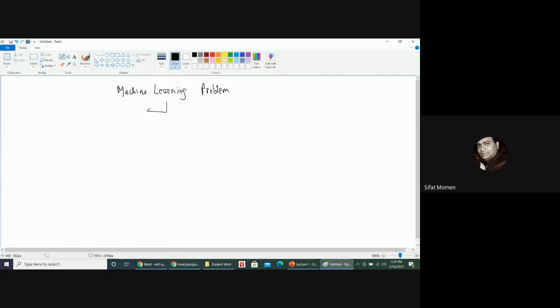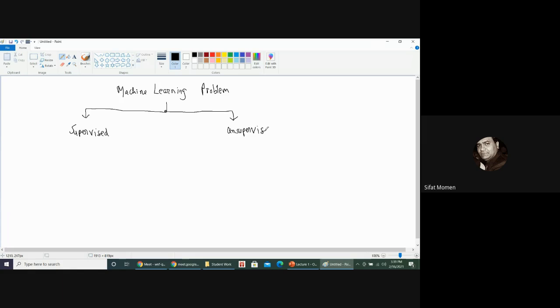Most likely, it's either a supervised learning problem or maybe an unsupervised learning problem. Is that okay? Clear? Yes, sir. Now there is another one called reinforcement learning, but right now let's not talk about reinforcement learning.